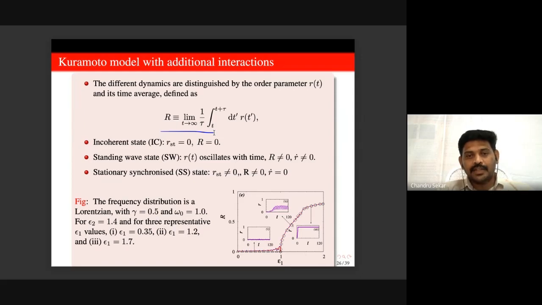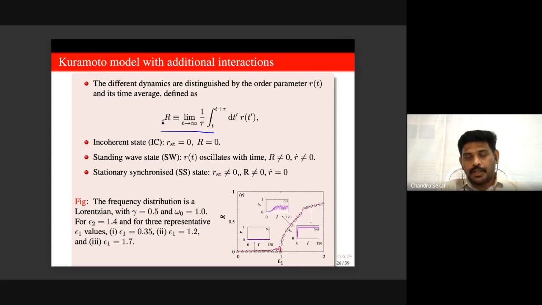Due to that, we have an oscillating nature in the order parameter. Due to that, we have a non-zero average R, since we have a synchronized cluster. But in the stationary synchronized state, we have a synchronized cluster and desynchronized oscillators with zero frequencies. So R takes a constant value, R dot equal to 0.